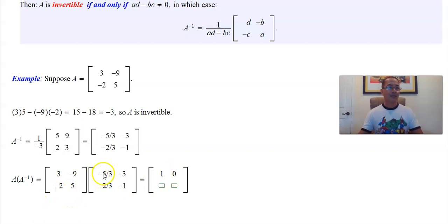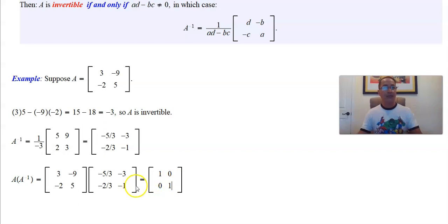Next, we have negative 2 times negative 5/3, 10/3. 5 times minus 10/3. So that's also 0. And finally, we have negative 2 times negative 3, 6 minus 5. That will give you again 1. So A times A inverse is indeed the identity.